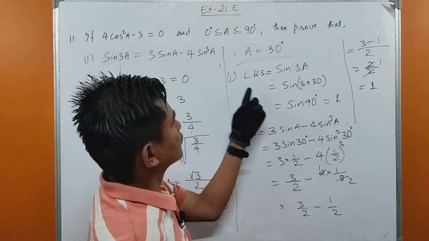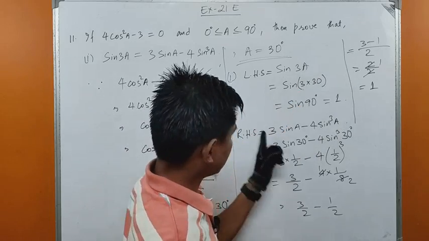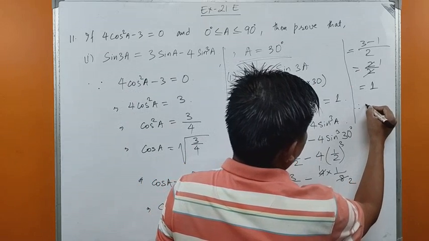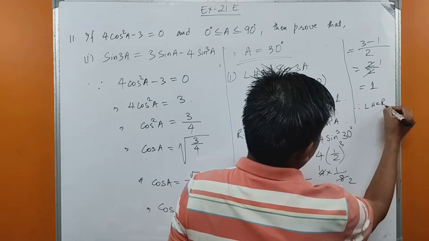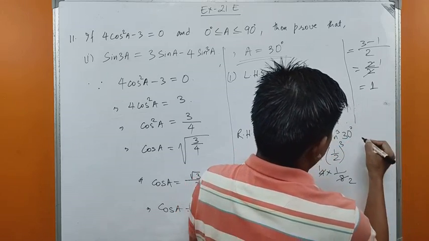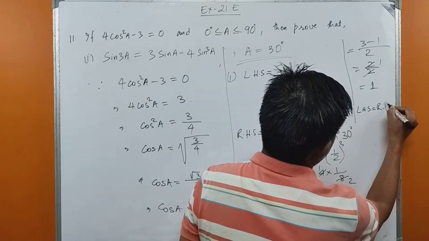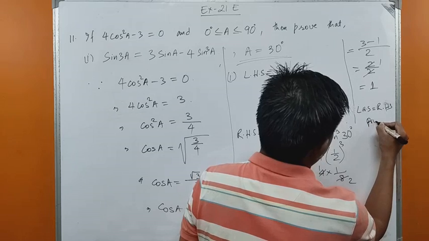In the left hand side we got 1, and in the right hand side also we got 1. This means therefore LHS equals RHS. Hence proved.